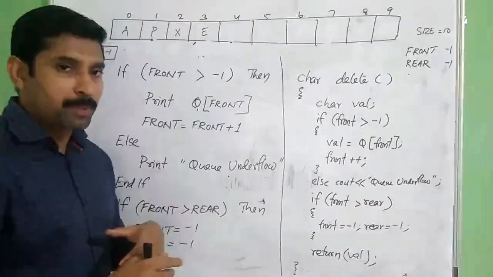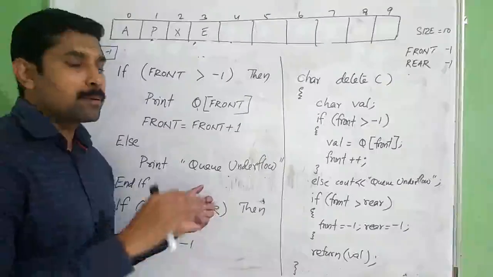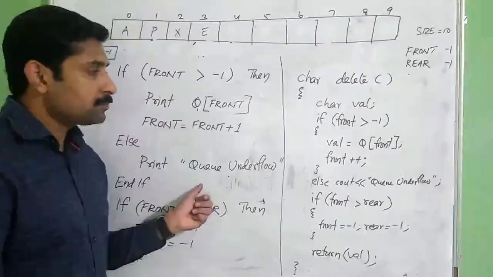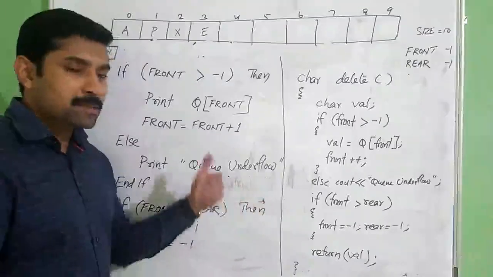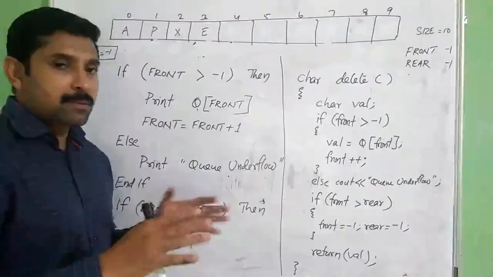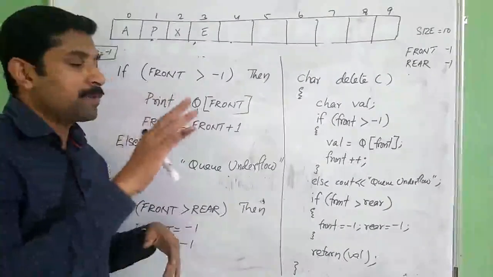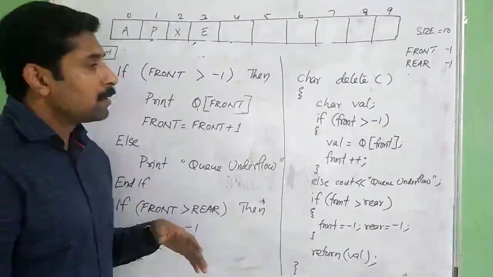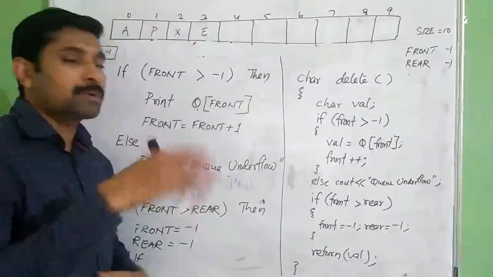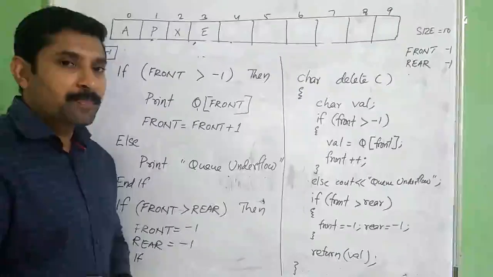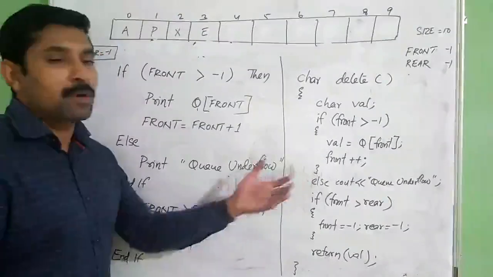Suppose we have 3 documents to print and we have opened the first document and given the print command, and it started printing. Suppose that first document has 10 pages, and by the time we have opened the second document and given print, and after that we have opened the third document and given the print command. What happens? The printer has just started printing the first document.